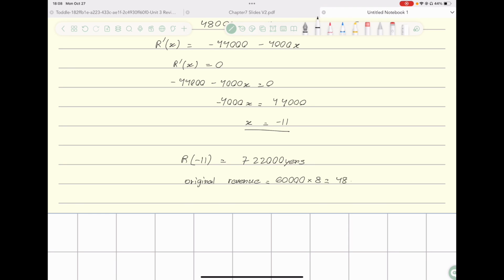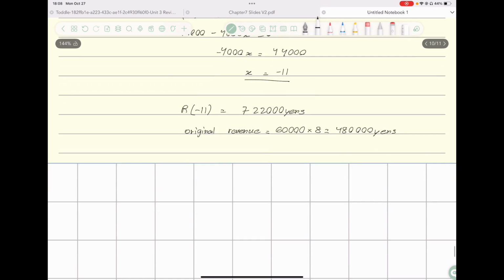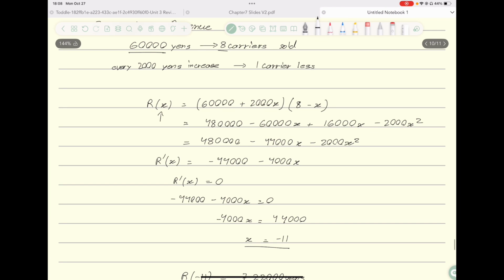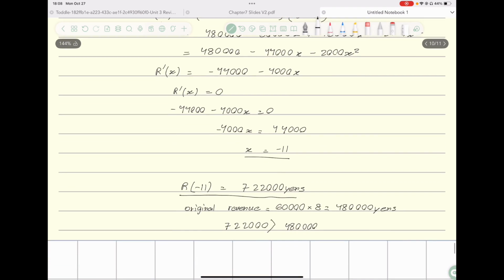It's going to be 480,000 yen. So we can clearly see that with this new equation we have more revenue. 722,000 is greater than 480,000.